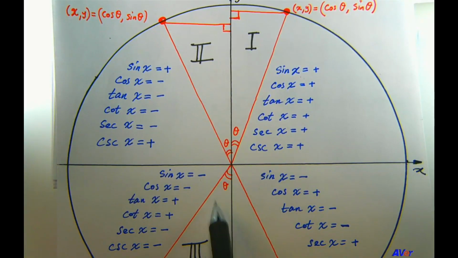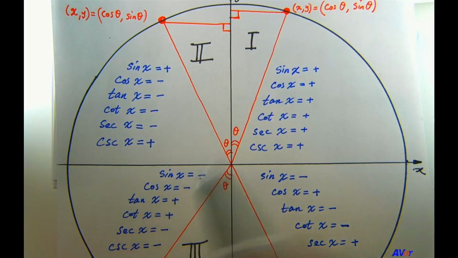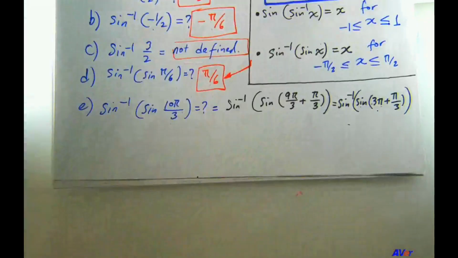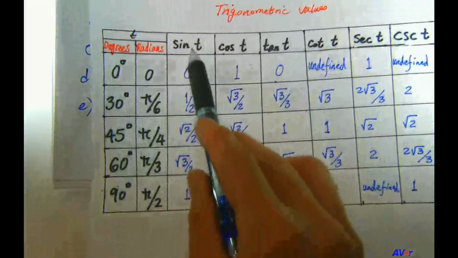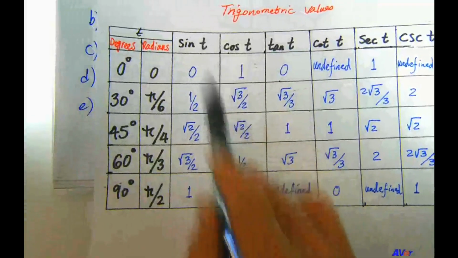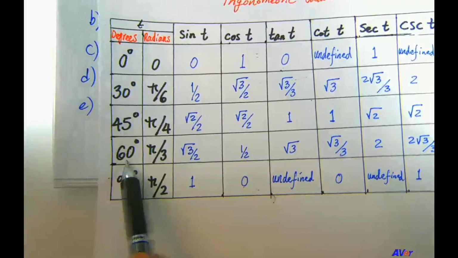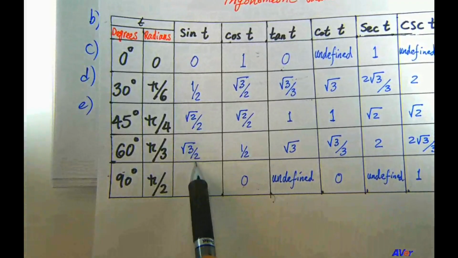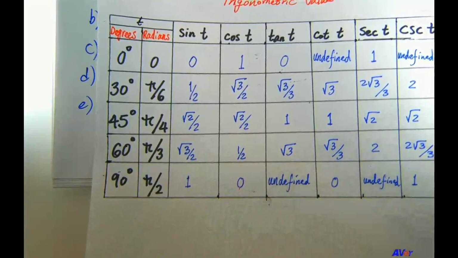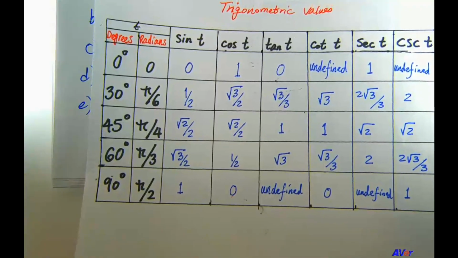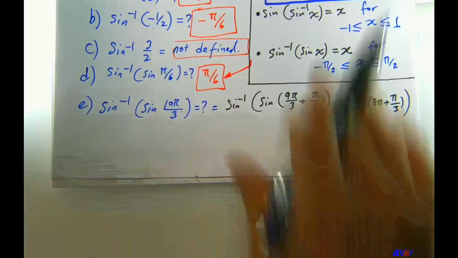That's important because the sine of pi over 3 in the third quadrant is negative, and it's negative square root of 3 over 2, which we know from the special table of values. Sine of pi over 3, or 60 degrees, is the square root of 3 over 2, but in our case it's minus square root of 3 over 2 because we're in the third quadrant.